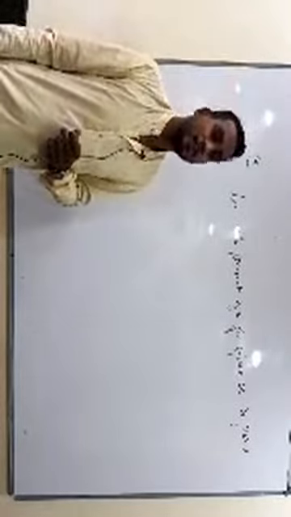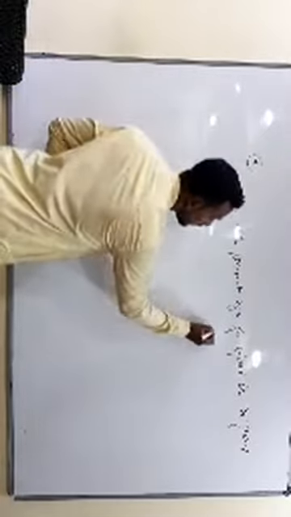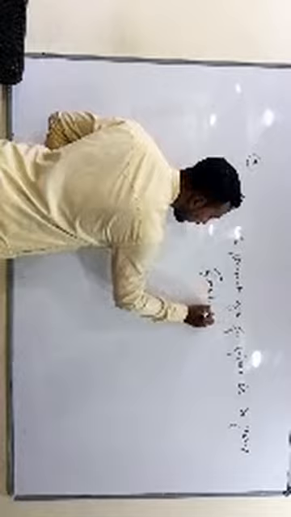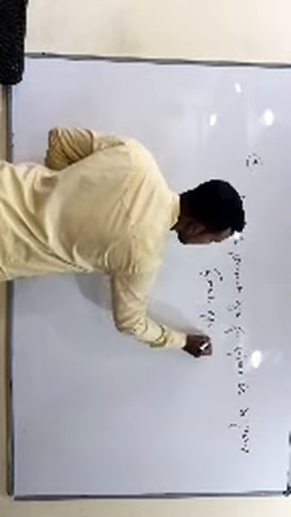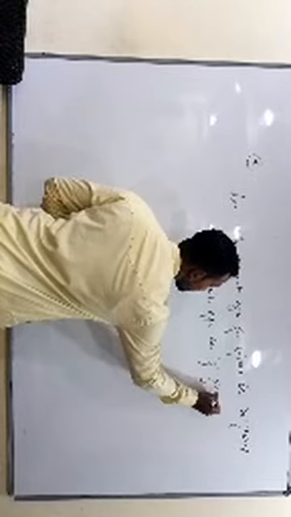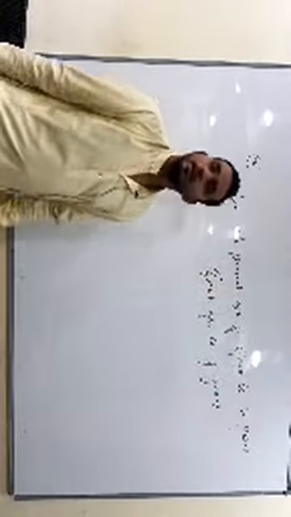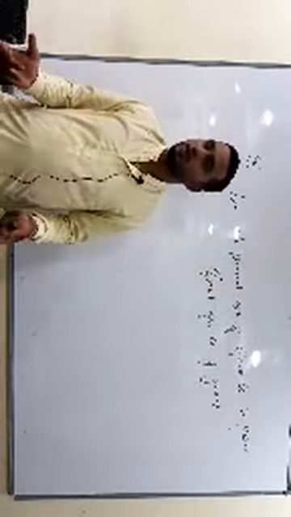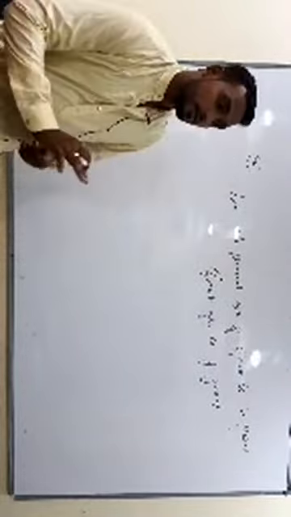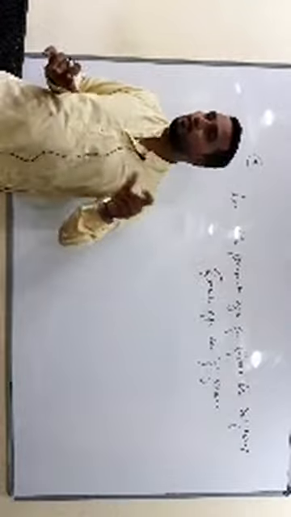And what about Ganesh's age? Let Ganesh's age be Y years, because we don't know both the ages. So I am taking Gauri's age as X and Ganesh's age as Y. Now let me come to the first sentence, what they have asked.